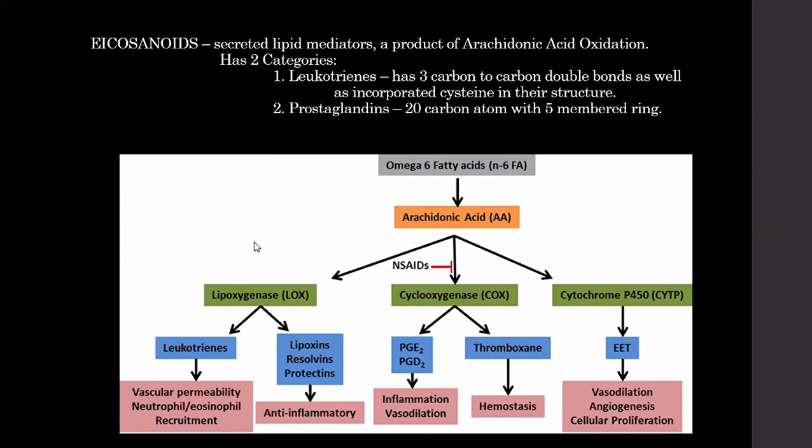Pero ang prostaglandin, 20 carbon atom with 5-member ring. So kung tanungin sa inyo or pakita sa inyo what eicosanoid is this, tapos makakita kayo ng 5 carbon ring, prostaglandin na kagad yan. Pero kung makakita kayo ng 3 double bond na carbon to carbon, leukotrienes yan.